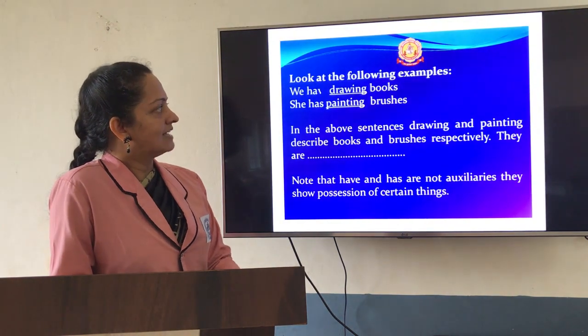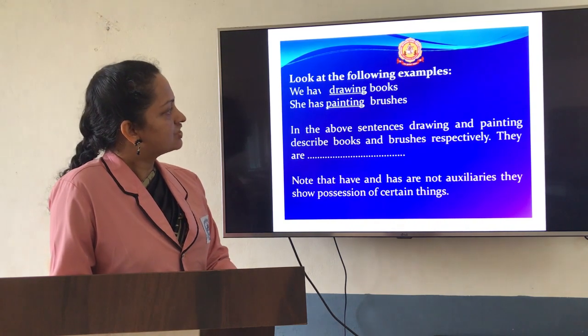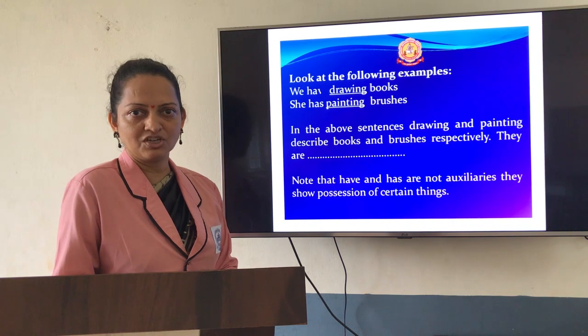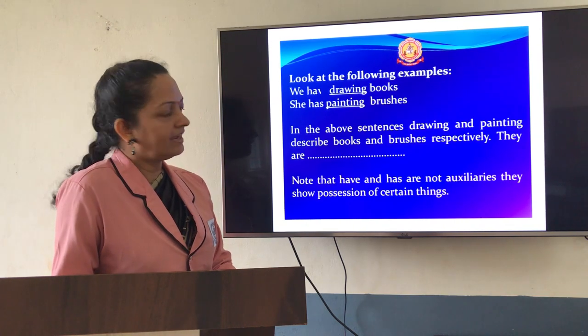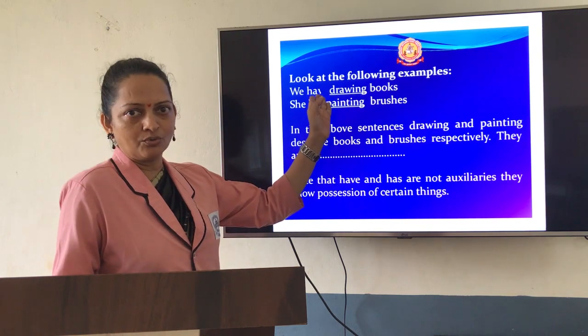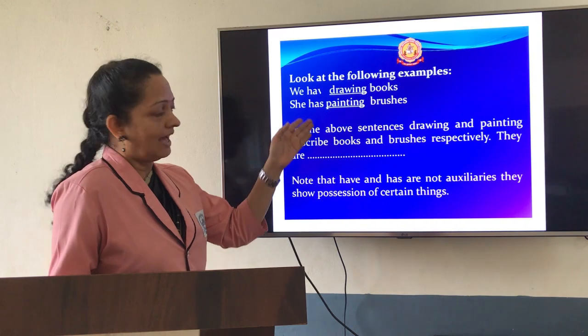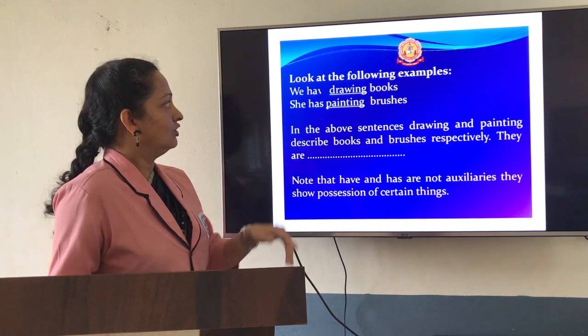Look at the following examples. We have drawing books. She has painting brushes. Now here, drawing and painting, will you call them verbs? Because if you see, they have auxiliary verbs over here. So will you call these verbs? Let's have a look.